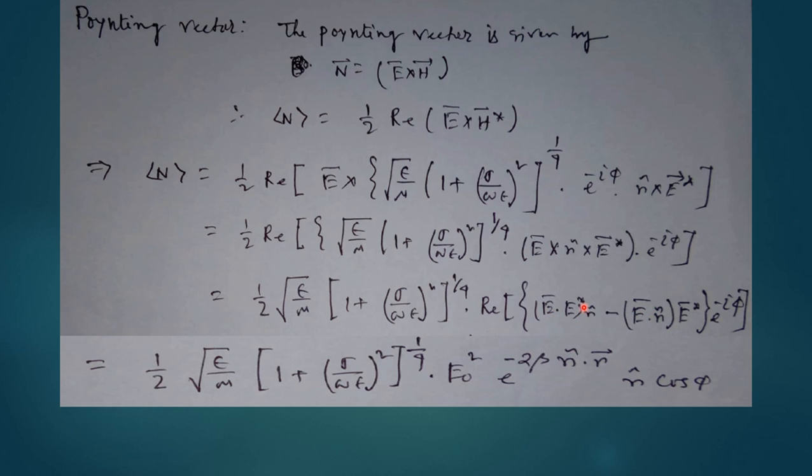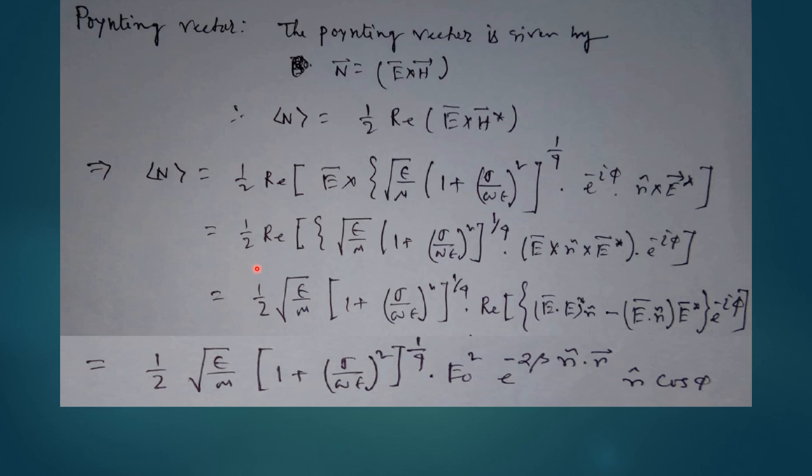E dot E star means E0 square into e to the power minus 2 beta n dot r, the product of E and its complex conjugate, and the real part of e to the power minus i phi is equal to cos phi.